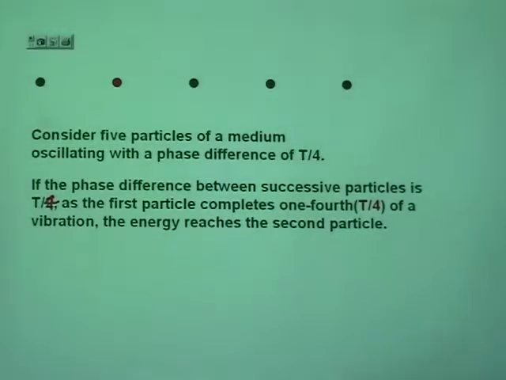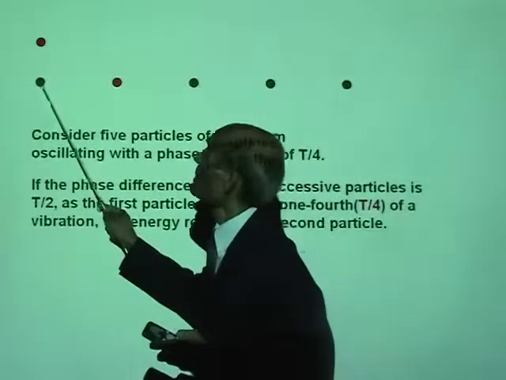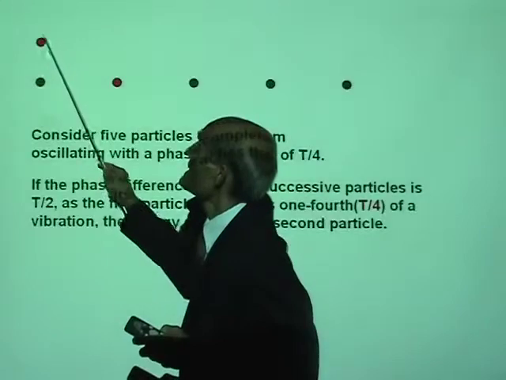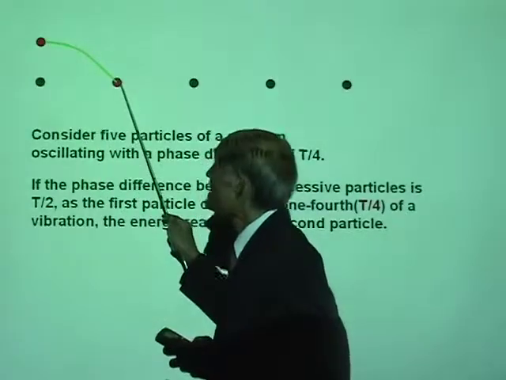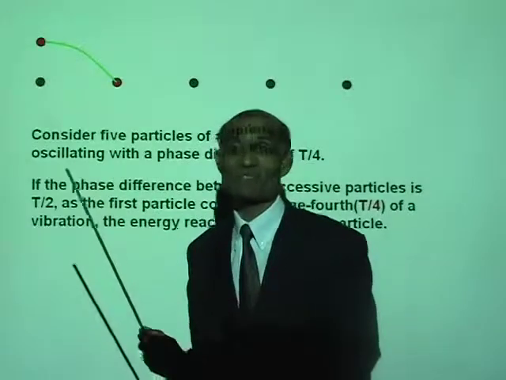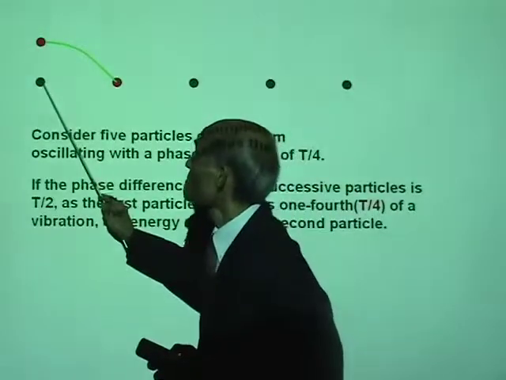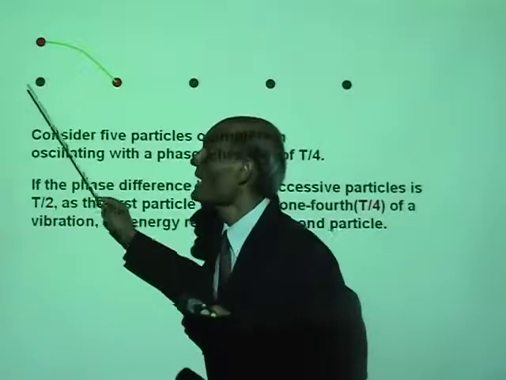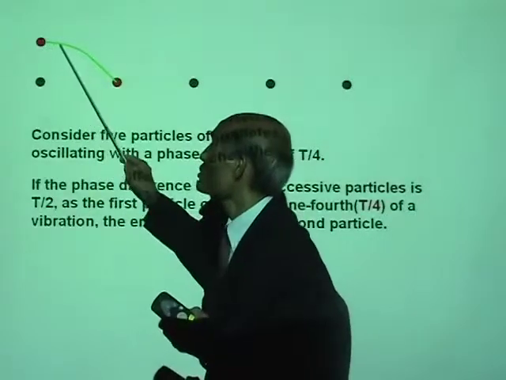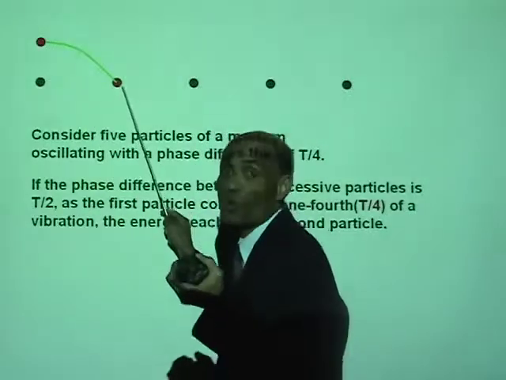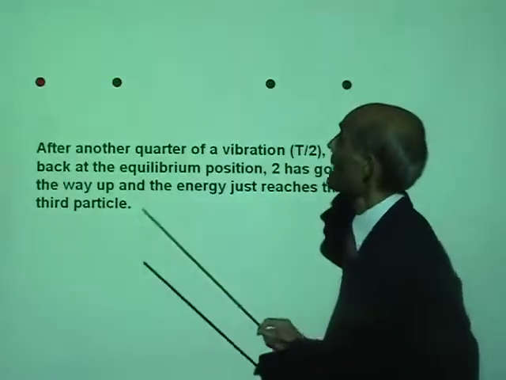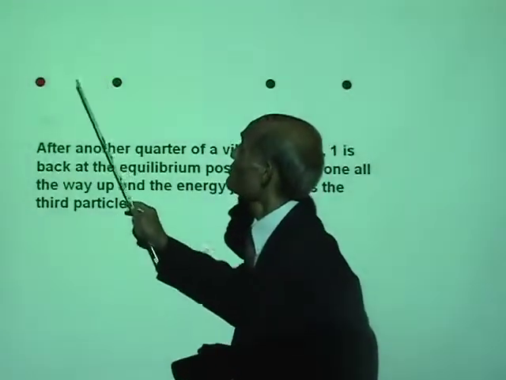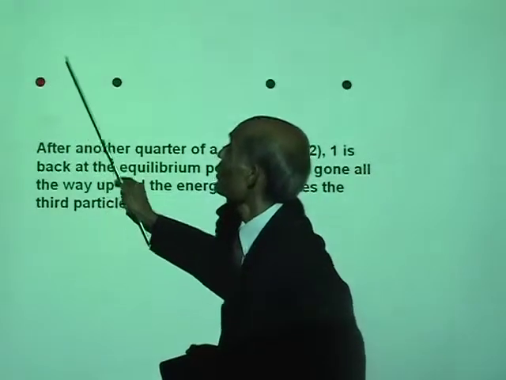Okay, let's make that drawing. Here, the first particle is now sitting at the upper extreme and the energy has now reached the second particle. The first particle has completed a quarter of a vibration and the second particle is now beginning to vibrate.